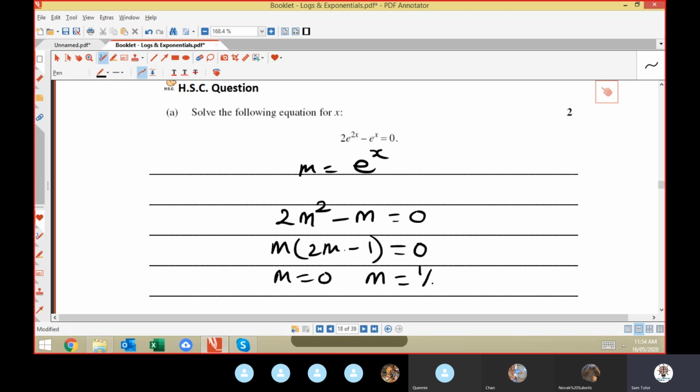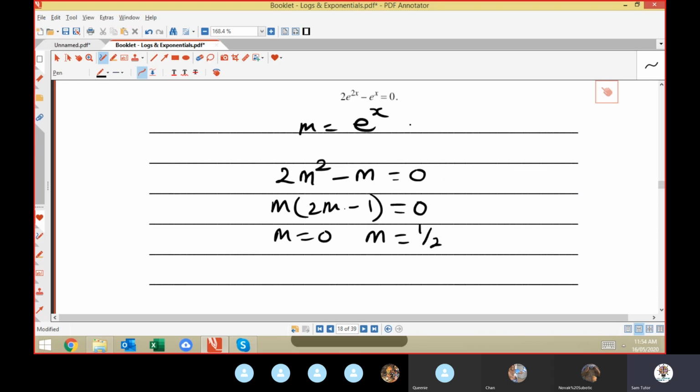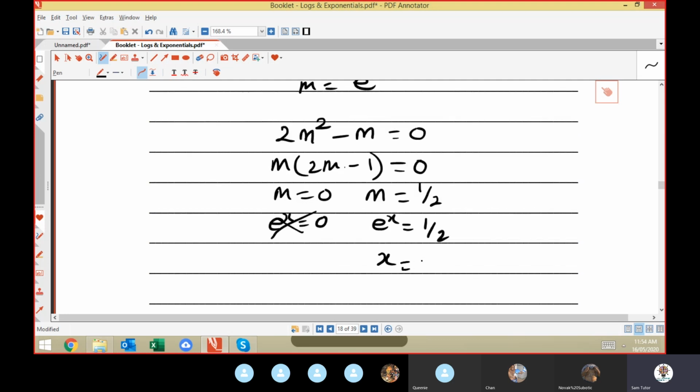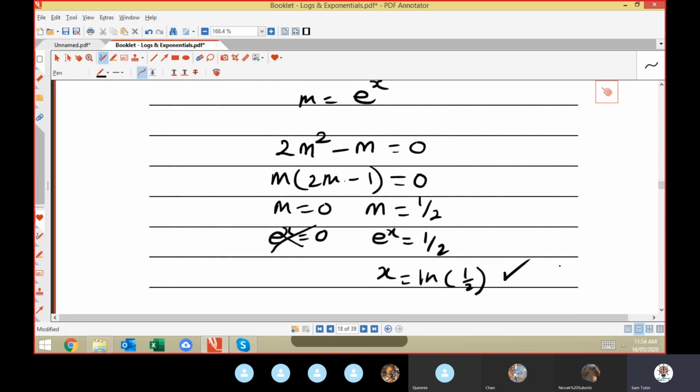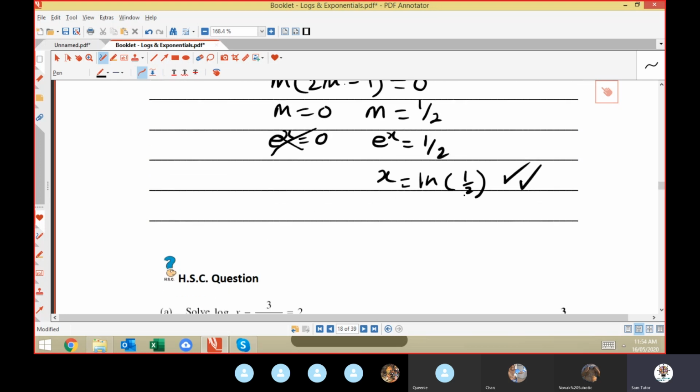Plus 1 divided by 2 is a half. E to the x is 0, or e to the x is half. You can't log 0, so there's no solution for that one. The answer here is just going to be log of a half, because when you log e again, it doesn't do anything. Easy 2 marks for HSC.